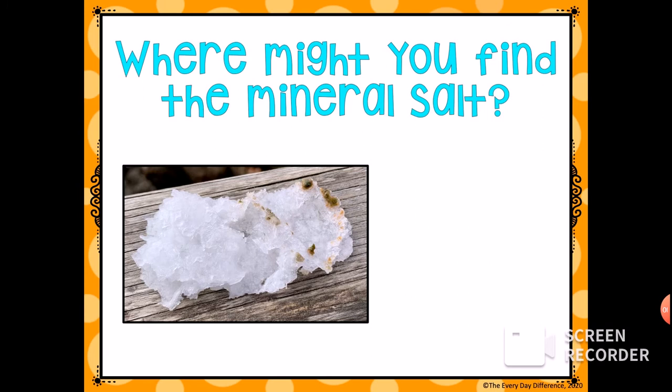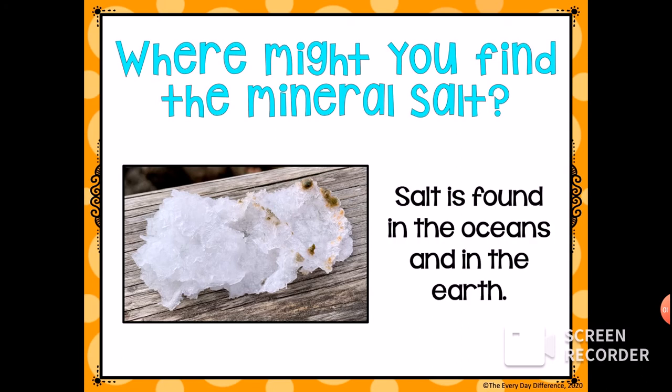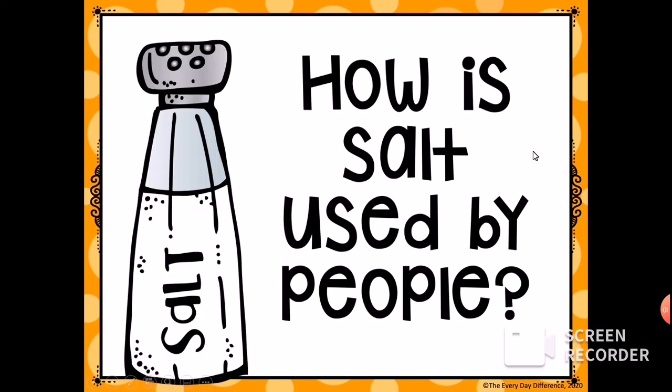Where might you find the mineral salt? Where would we find salt? You know, the stuff that we have in our salt and pepper shakers that we put on our food. Where do we find it? Salt is found in the oceans and in the earth. How is salt used by people?